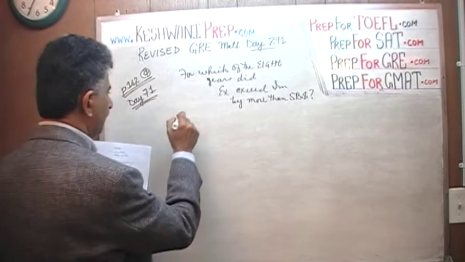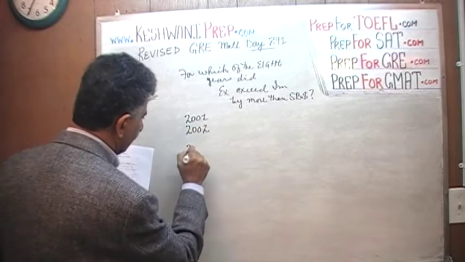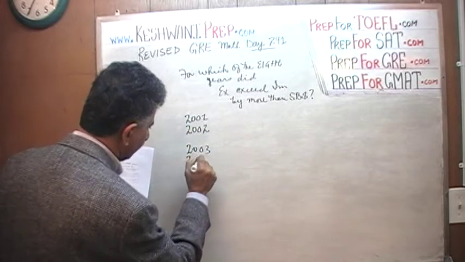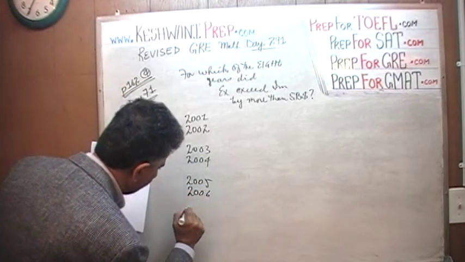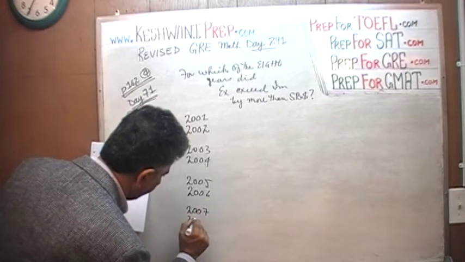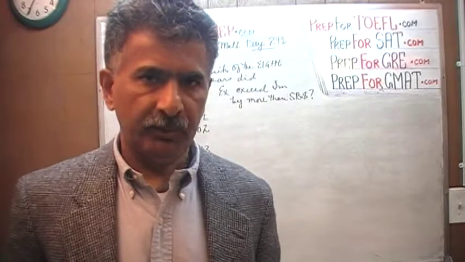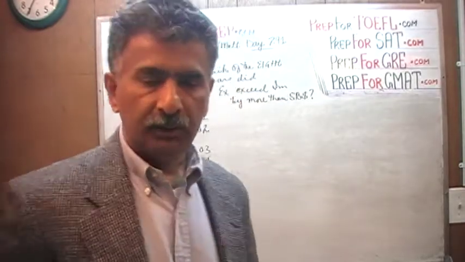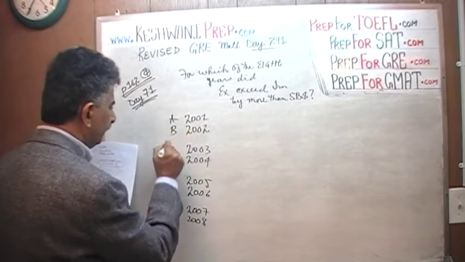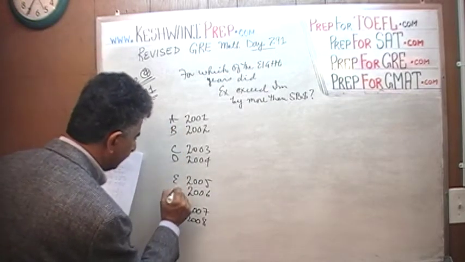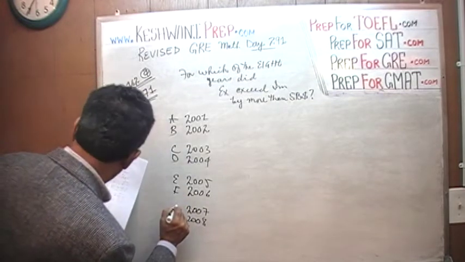So here are our years: 2001, 2002, 2003, 2004, 2005, 2006, 2007, and 2008. Of course, in the real exam, we wouldn't be so silly as to write everything out. I'm just doing it for your benefit, so that it's easier for you to follow my work. And here are the answer choices: A, B, C, D, E, F, G, and H.